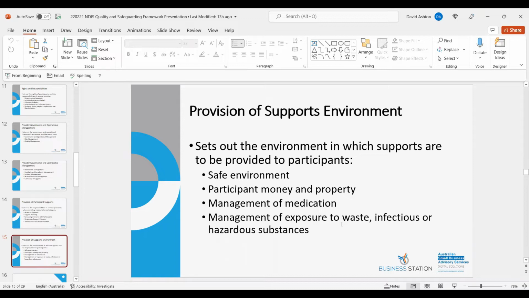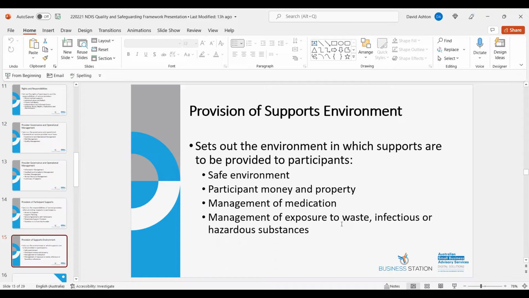So each participant can easily identify the worker or the support worker that they're going to have. So your support worker should have some identification to say who they are and who they work for. If the support is provided in the client's home, work is undertaken with the participant to ensure a safe environment for the delivery of those supports.